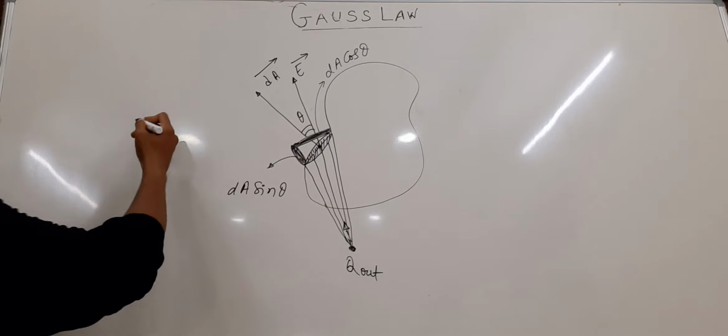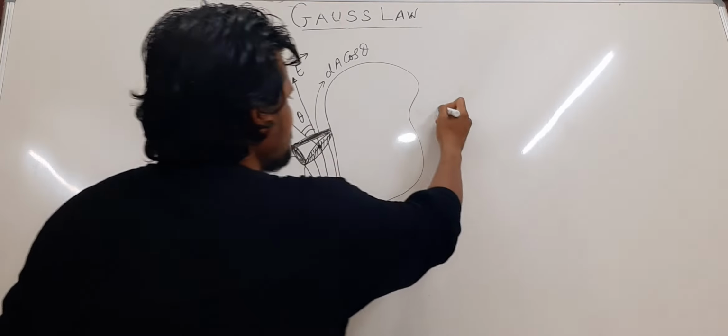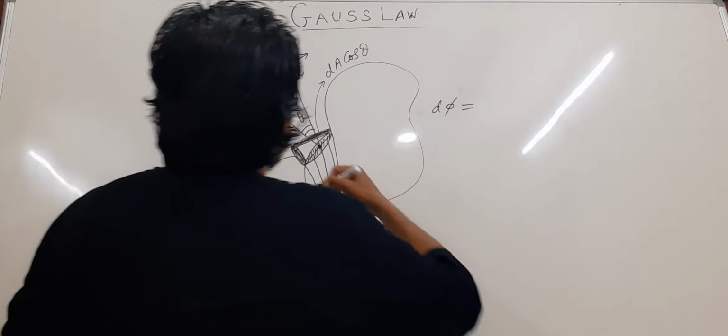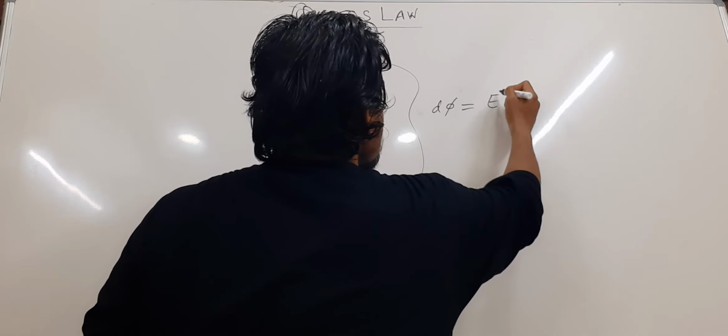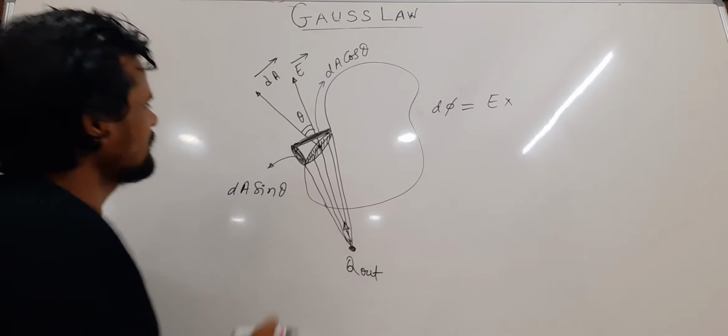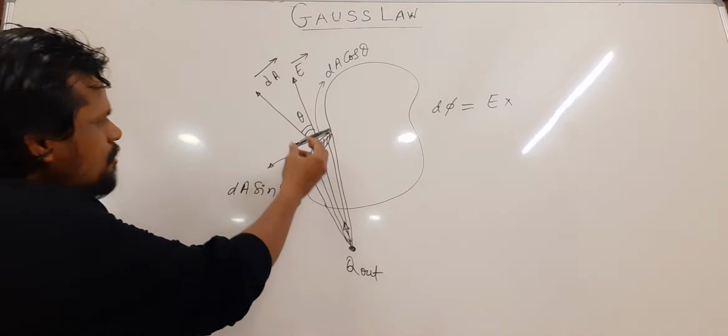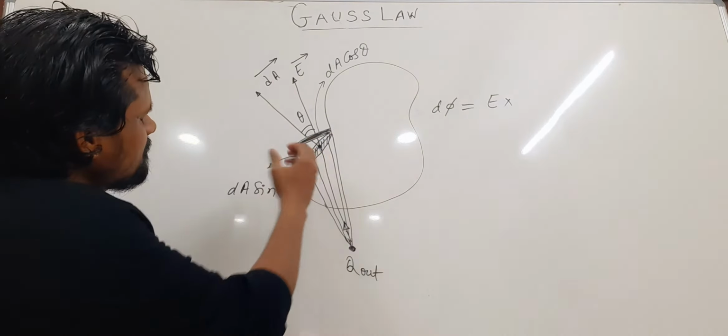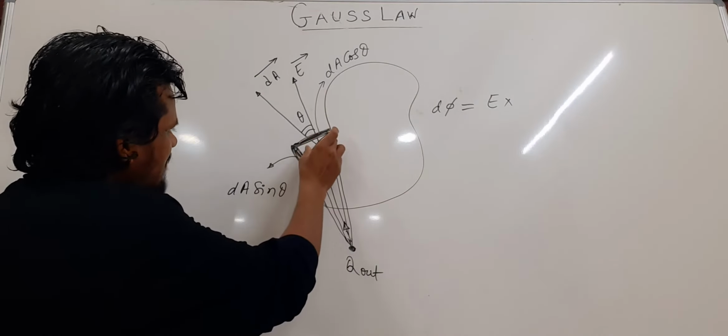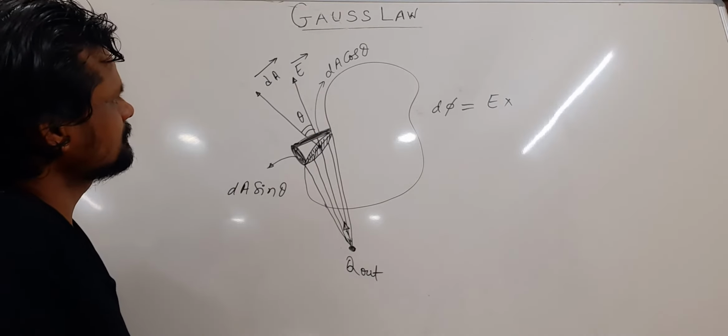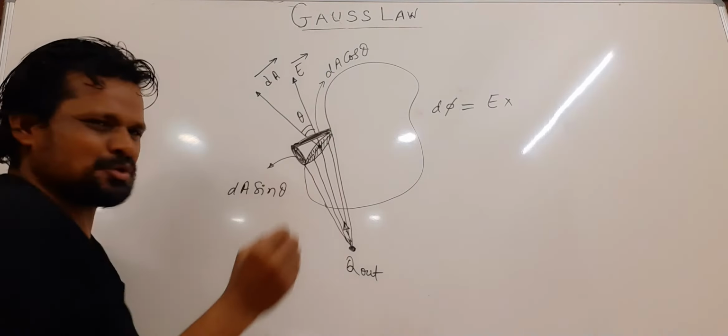Please see here. d phi equals the field intensity times, loosely I am saying, along the direction of the electric field, whatever area you should consider.